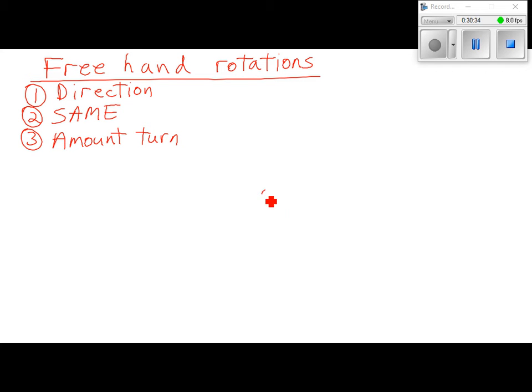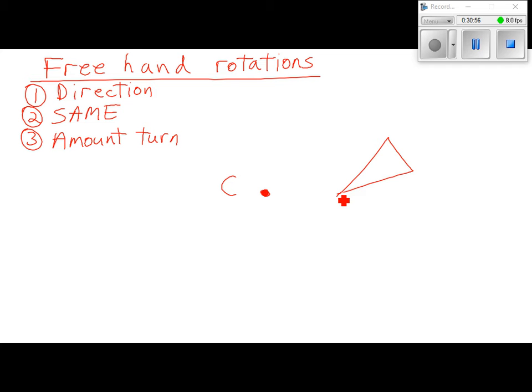So if we have something like this, we're going to do a couple of them here. I'll erase it and try another one. If that's our center point, point C, and we have some triangle, that's our triangle. Remember, all you have is how much to turn it, a direction to turn it, and the center point.